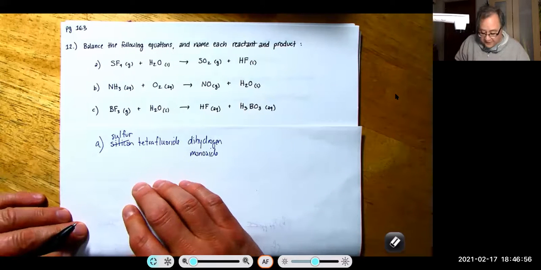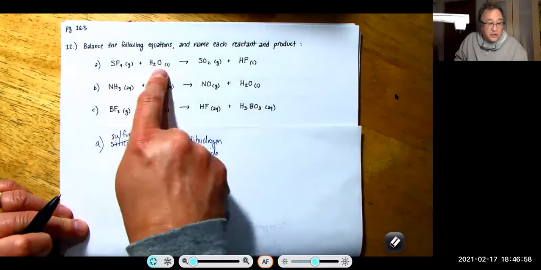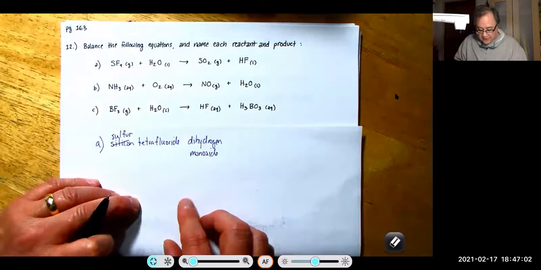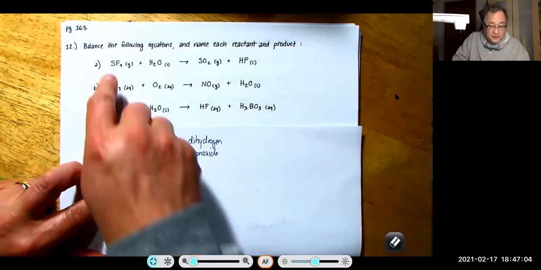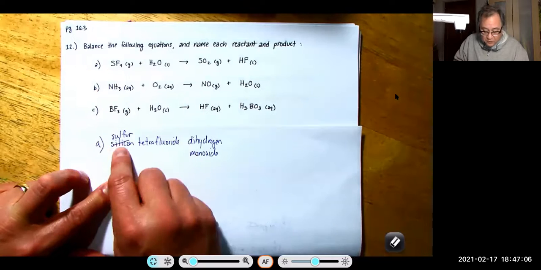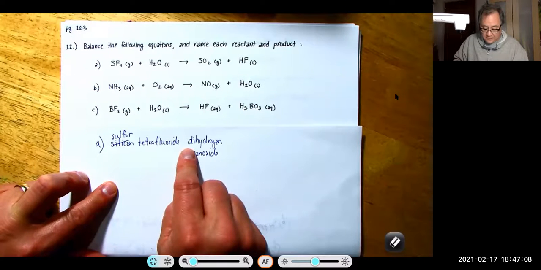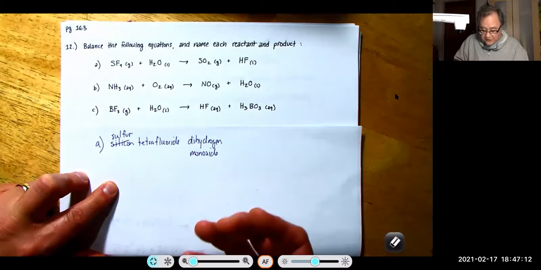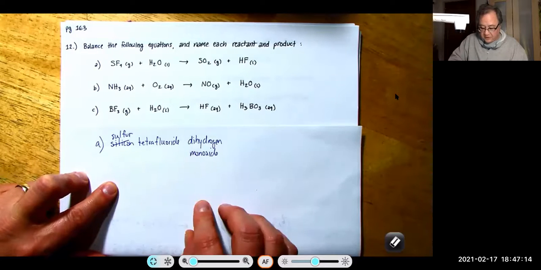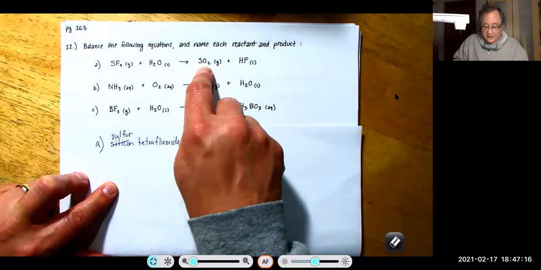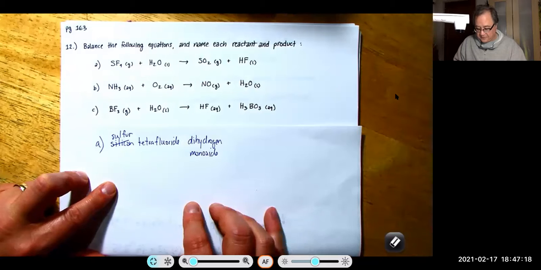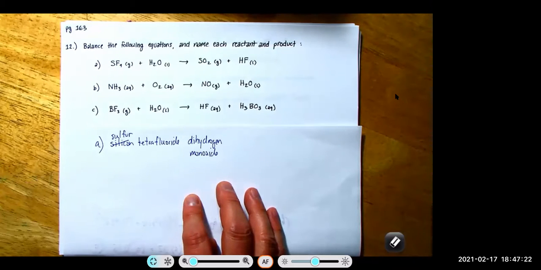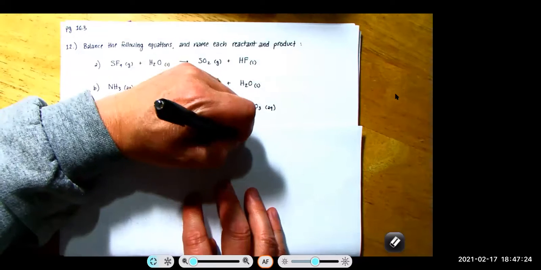So remember, for these things that are molecules, and we know they're molecules because they're all nonmetals, you name the first element first, use a prefix if there's more than one. You name the second element like an -ide, and you always use a prefix. So what are we going to call this guy, SO2? Sulfur dioxide? Precisely.